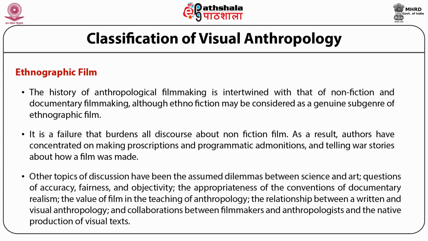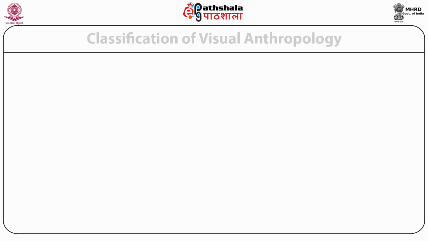Other topics of discussion have been the assumed dilemmas between science and art, questions of accuracy, fairness, and objectivity, the appropriateness of the convention of documentary realism, the value of a film in the teaching of anthropology, the relationship between written and visual anthropology, and collaboration between filmmakers and anthropologists and the native protection of visual text.